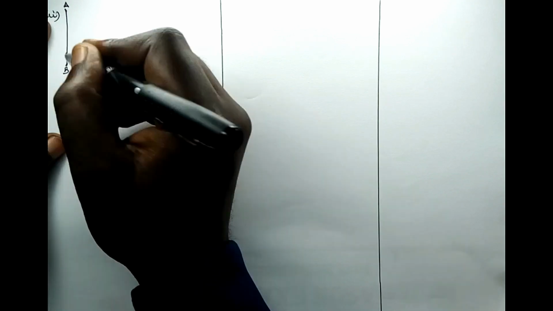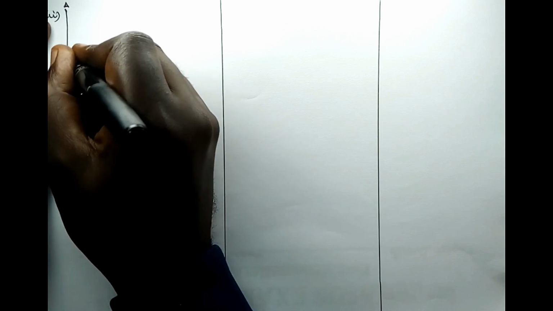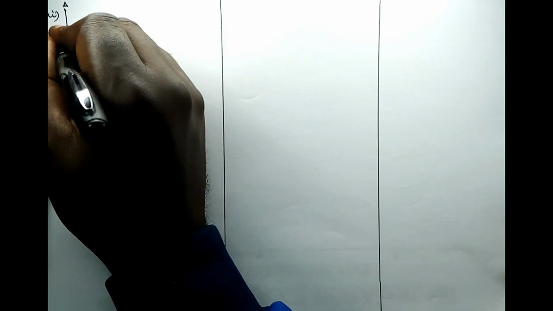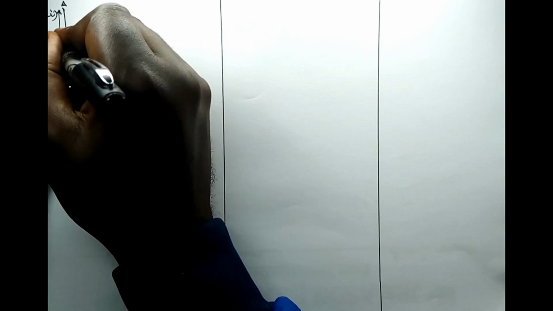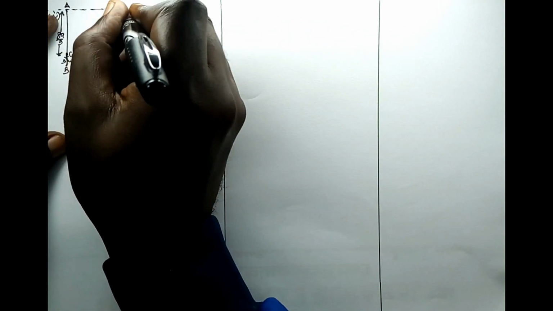Then the system had its weight concentrated at G prime, and that weight was now 3 mg, because there was the rod of mass 2m and the particle of mass m, and that system was at a distance of 8a over 3 from the axis of rotation. We would be needing that in order to find the potential energy of the system as we are conserving energy. We need also to define the potential energy equals 0 level.